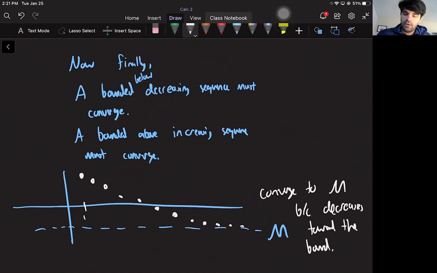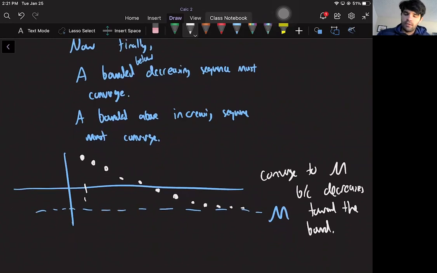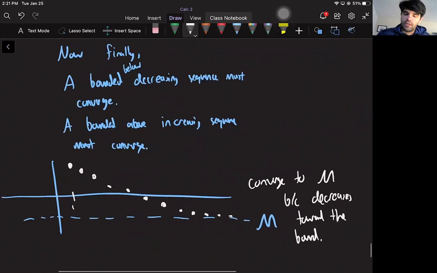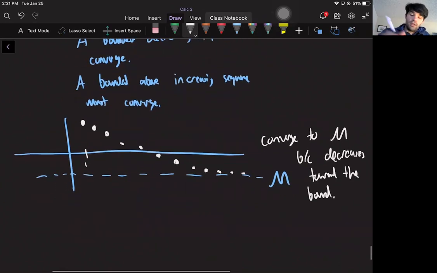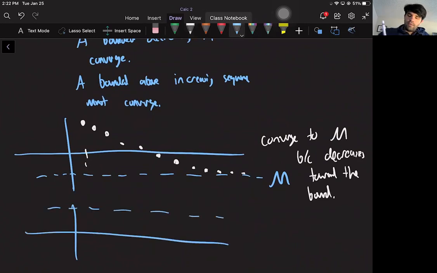It specifically decreases towards something more specific, like the best bound that there is. But the point is, if it has a bound, it's got to decrease towards something without going past it eventually. And so you just get stuck going towards it. Similarly, the opposite case, if you have your bound above, and so let's do this one.